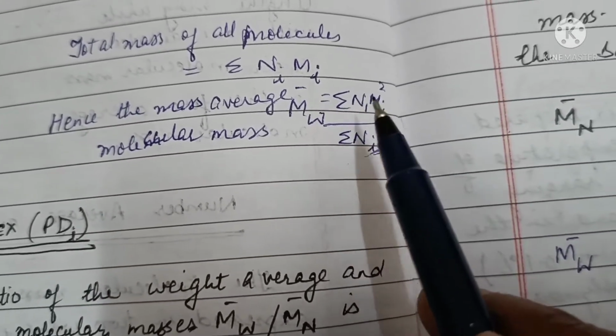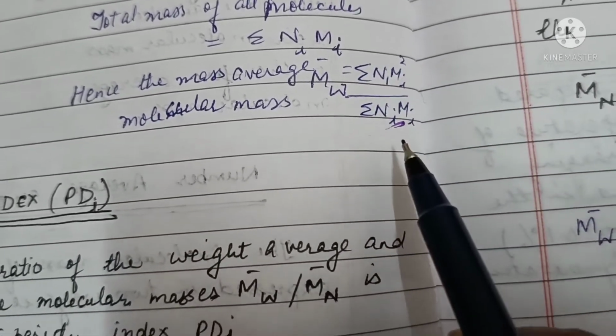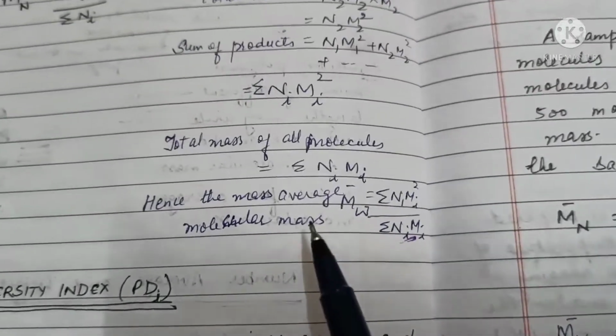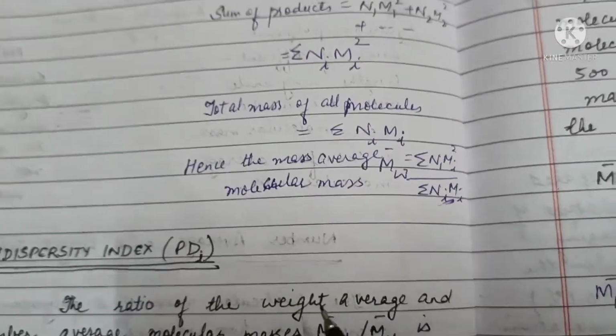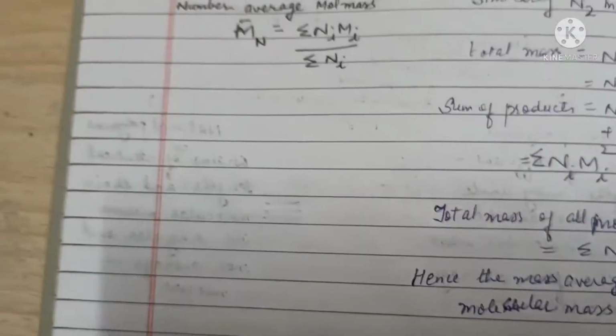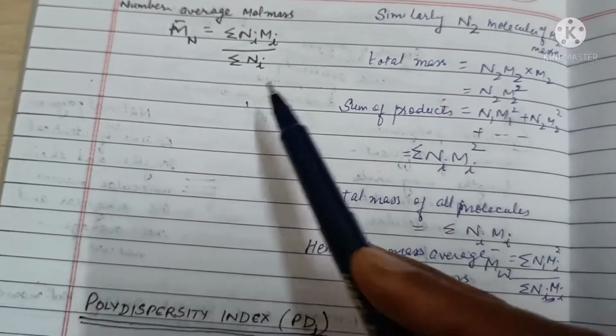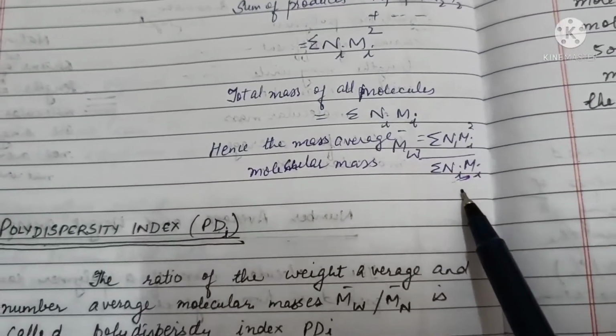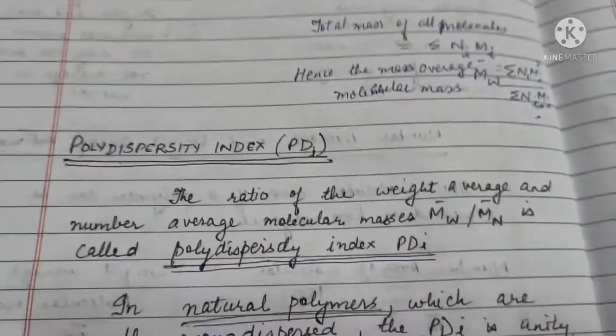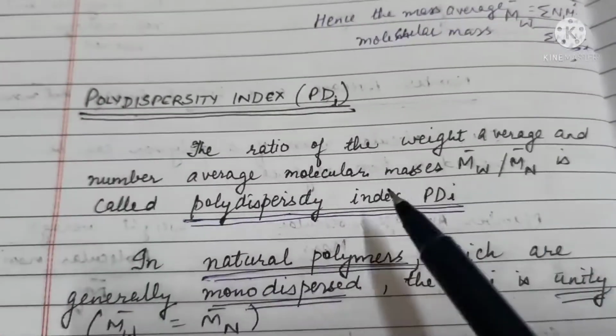Dividing sigma NiMi square with sigma NiMi, we get the mass average molecular mass. The number average molecular mass and mass average molecular mass may be different for a particular polymer.